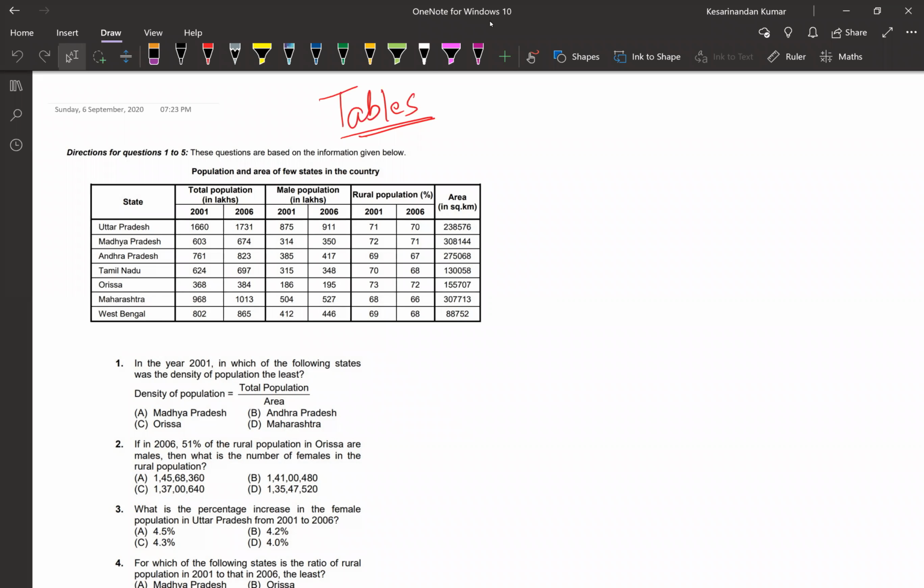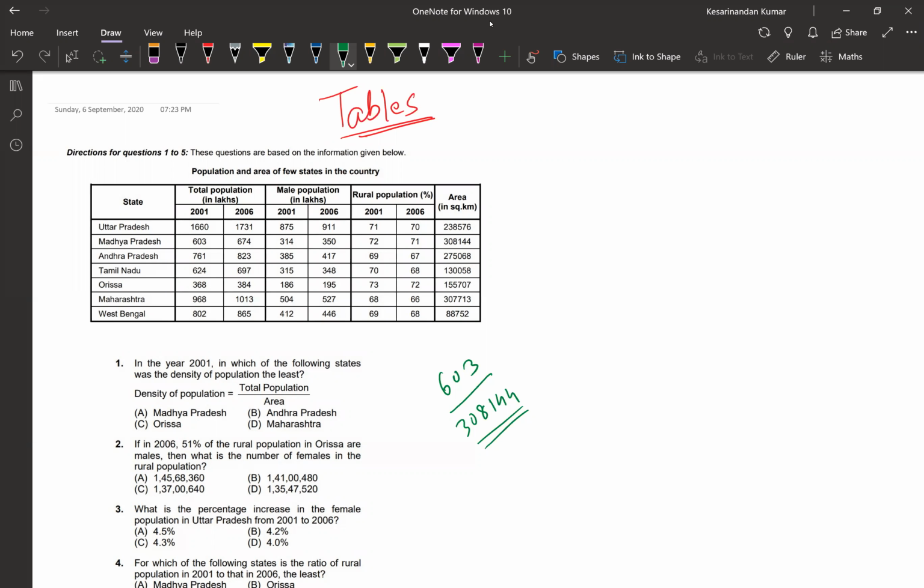For Madhya Pradesh, the total population of 2001 is 603. Area for Madhya Pradesh is 308144. Okay. Do one thing, and that is eliminate the last 4 digits of area completely.